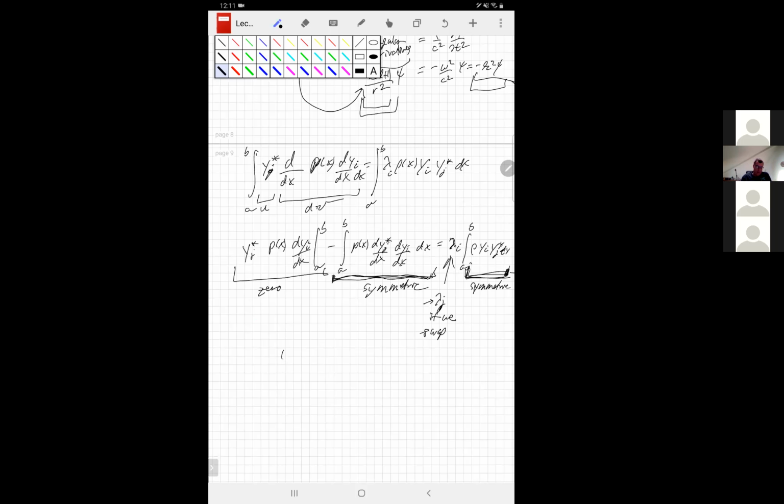If I've got integral 1 equals lambda i times integral 2 and lambda j times integral 2, well, lambda i times integral 2 equals lambda j times integral 2 only if integral 2 is 0, and then integral 1 is 0 as well. That's the only way that all of this can work. Does that make sense?